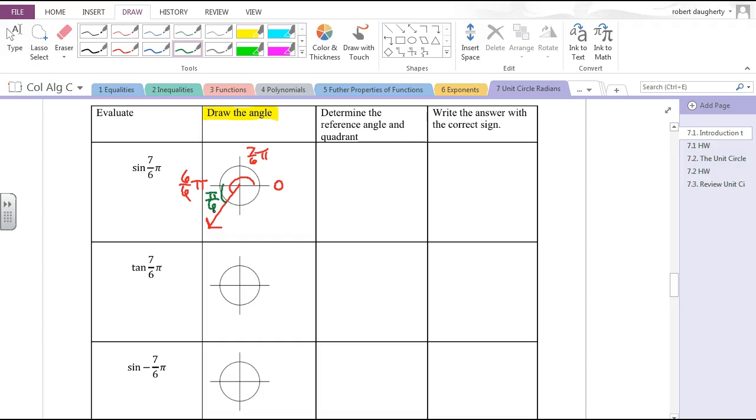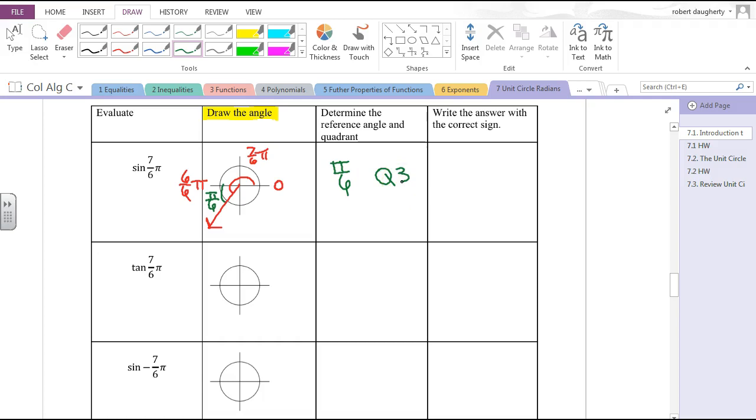Well, that was just so you could see where the degrees correspond to radians. But there's no degrees here, so you're going to have to use the unit circle and radians to figure all of this out. You'll spend too much time if you always have to think pi over 6 is 30 degrees. You can do that, but it's better to just switch and say, okay, this is talking about the pi over 6 angle in which quadrant? Quadrant 3. So you go to your unit circle at pi over 6.